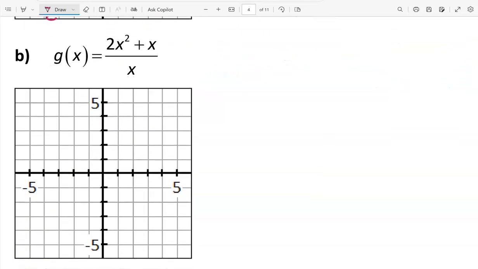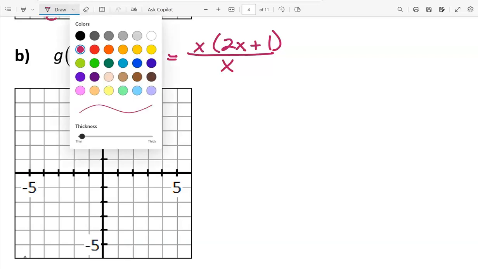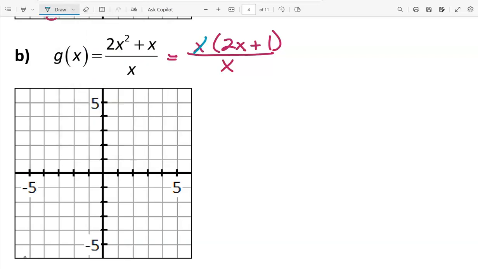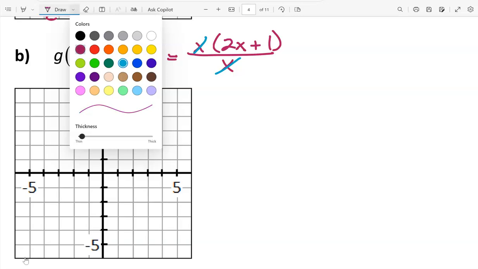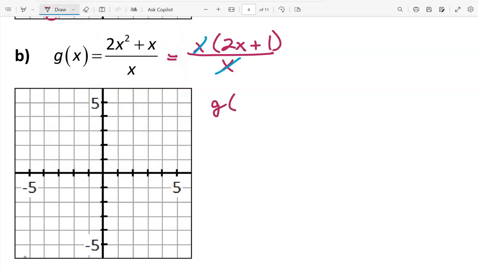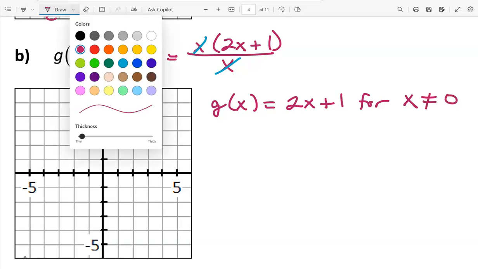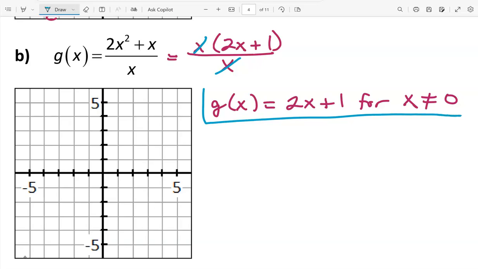In b, we can take and factor the numerator, common factor of x, and then cancel the common factors in our numerator and denominator, and be careful that when we rewrite, our function can be rewritten as g of x is equal to 2x plus 1 for x not equal to 0, because x equal to 0 would cause our denominator of the original function to equal 0.